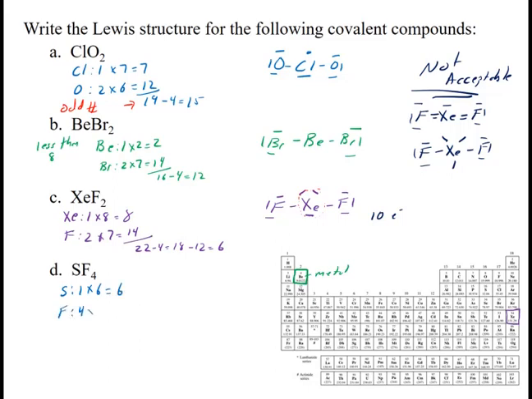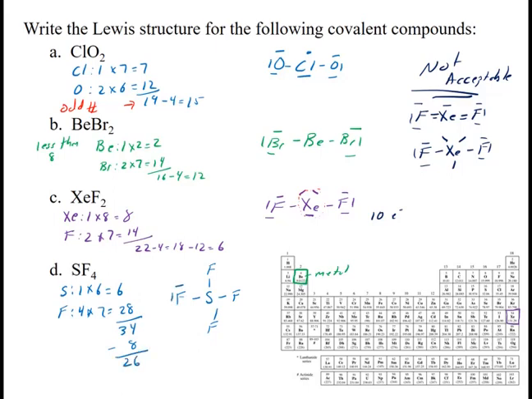There's 4 of them, and we did this up here at 7 because it's in 17. So 4 times 7 is 28. So that's going to be 34. So I have sulfur in the center with 4 fluorines. So I used up 8 when I did that, and that's going to give me 26.